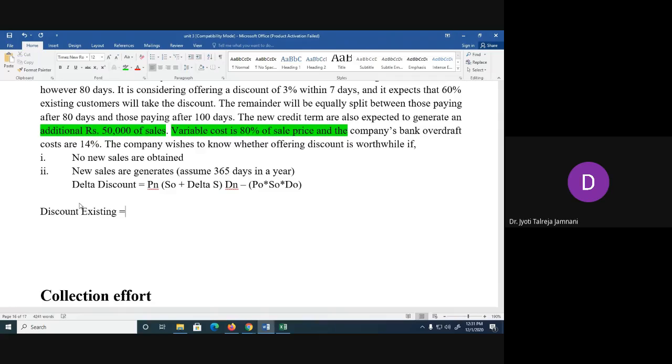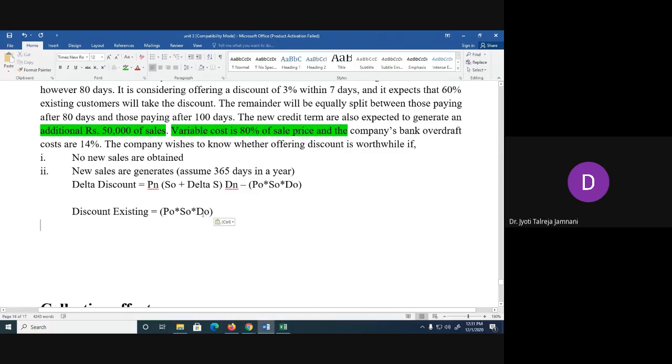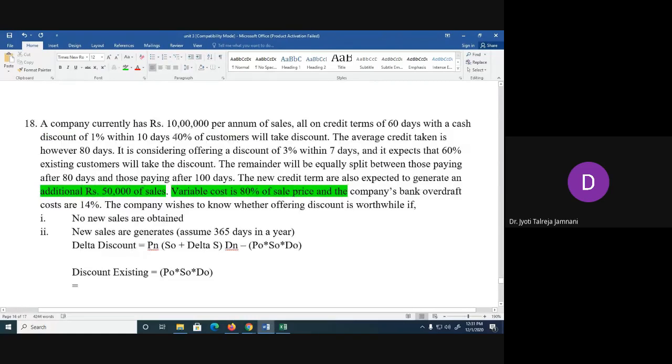For existing, we don't need delta discount, we need the total discount, which we will get by P naught into S naught into D naught. The present proportion of sales, P naught, is given here: 40% of the customers will take discount.